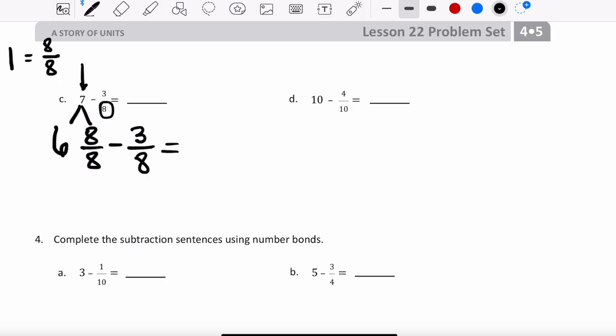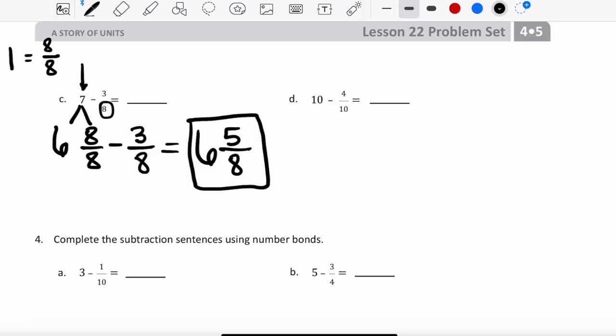So my answer would be, we have 6 wholes, and 8 minus 3 would give us 5/8. So 6 5/8 is our answer.